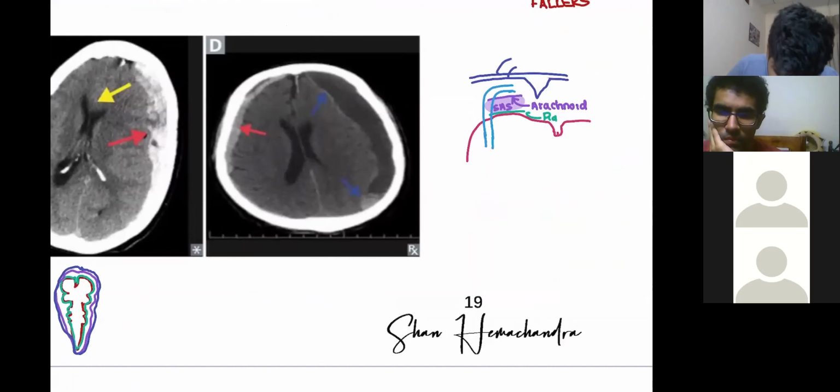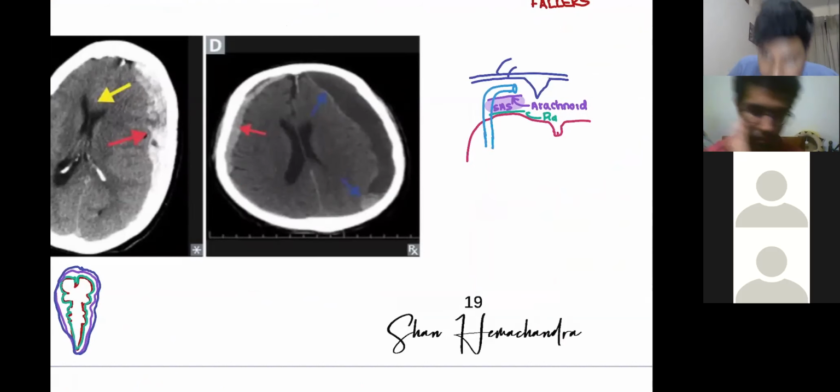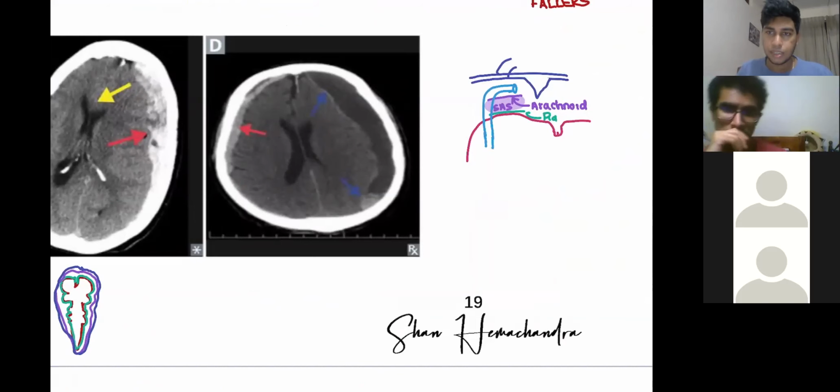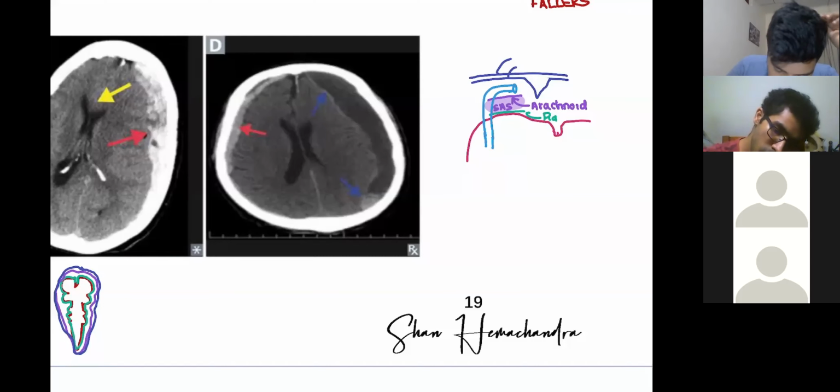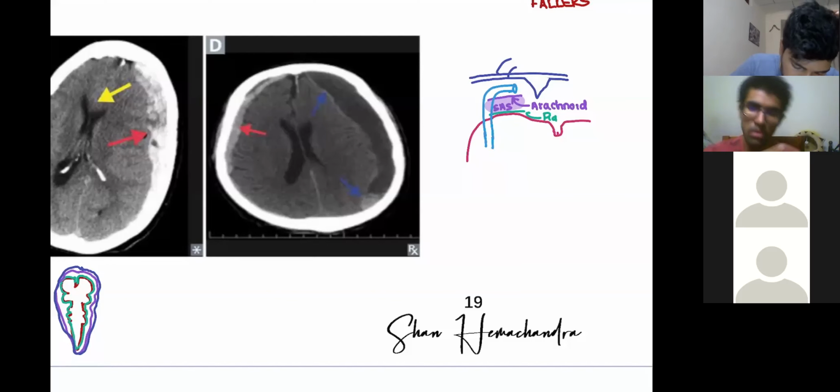So what happens if there's a sudden deceleration injury, like a car crash where the vehicle suddenly stops? Then the brain will move forward. The brain can move forward because it is in that space, but the dura mater, which is holding this blood vessel, cannot. What happens then?